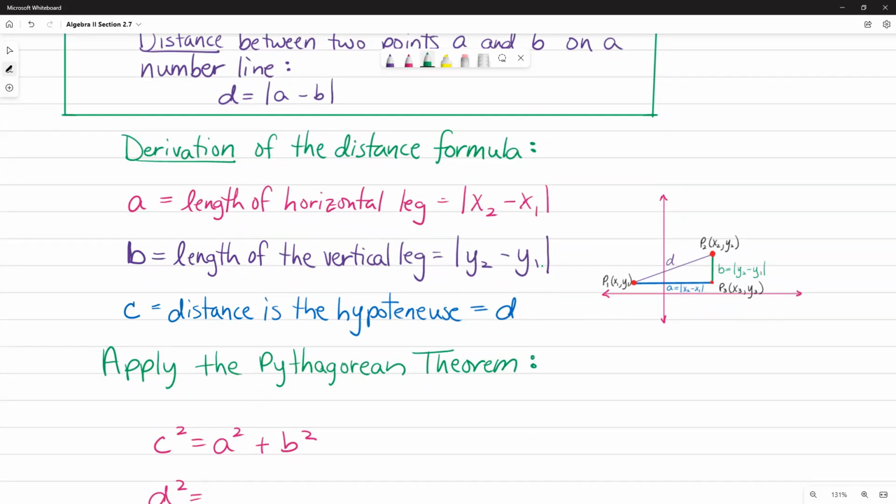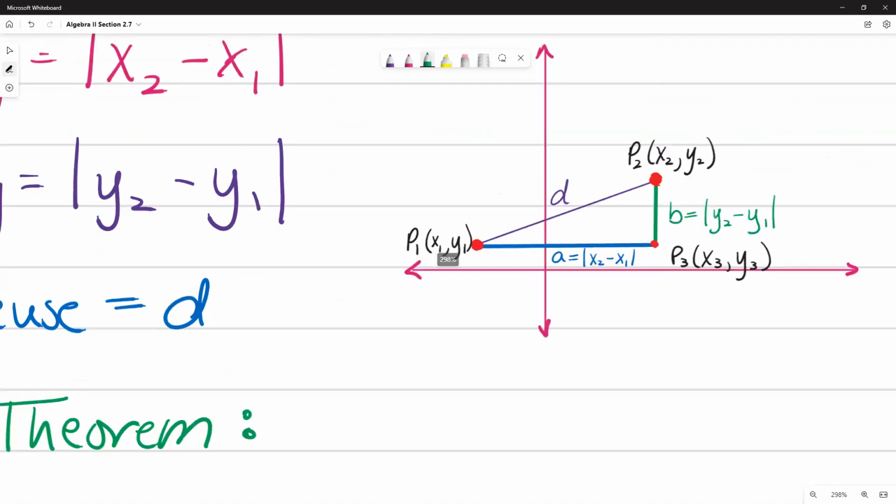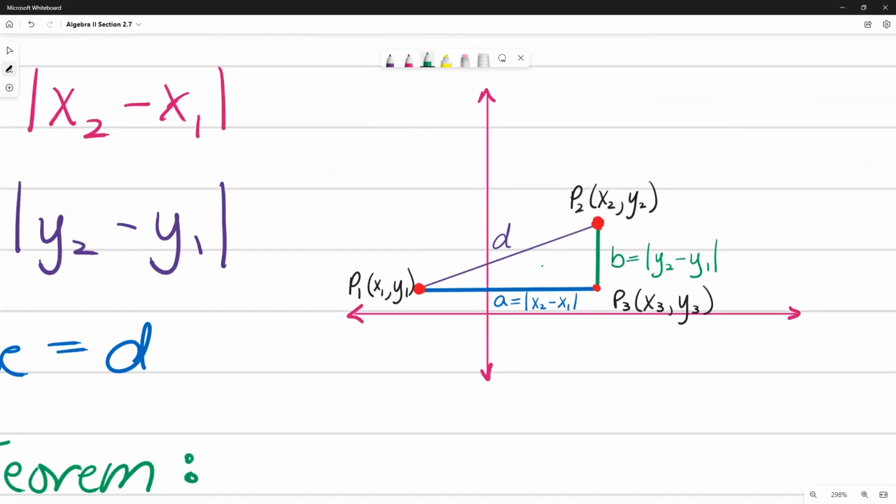Whereas the B side is your vertical leg, which means it's the difference in the Y. So when you look at this graph, we're looking at the distance between point 1 and point 2, which are the two ends of the hypotenuse.